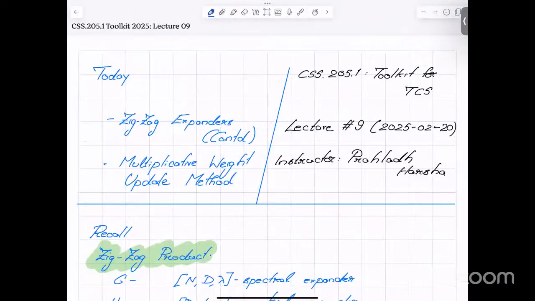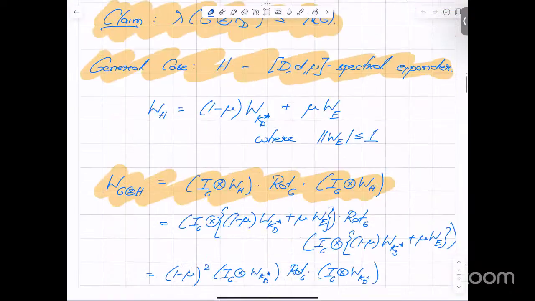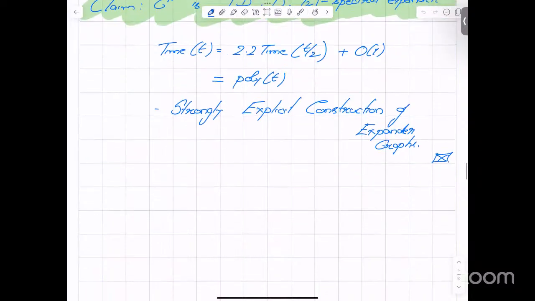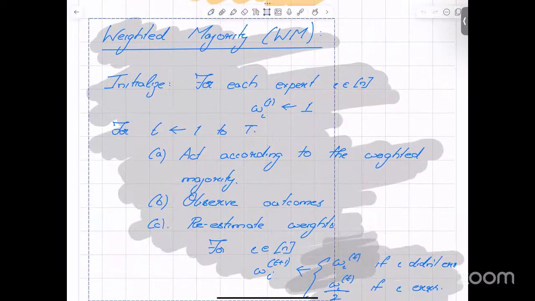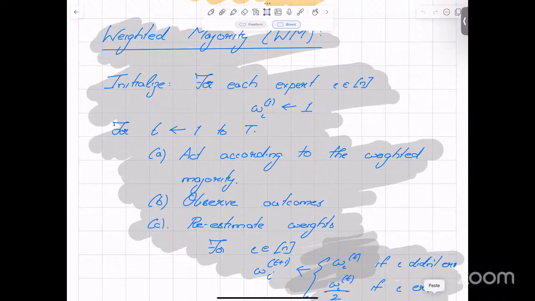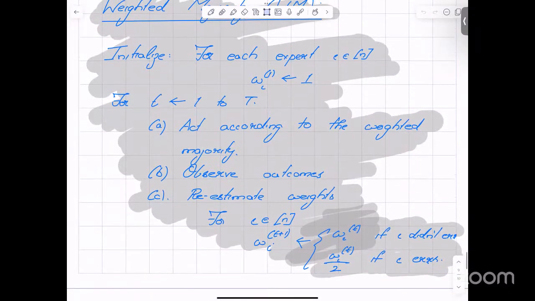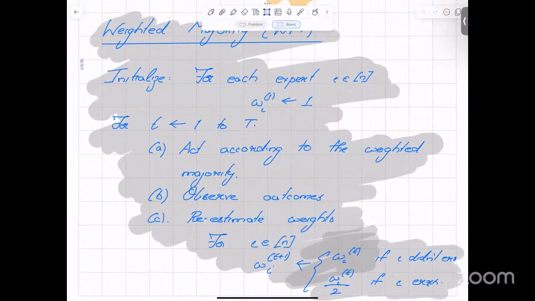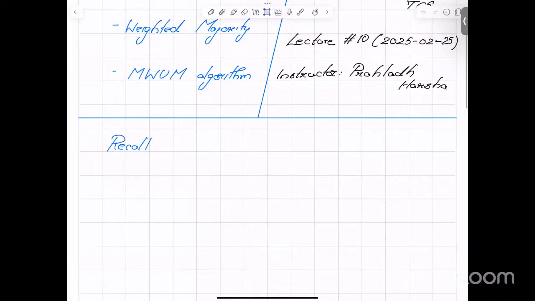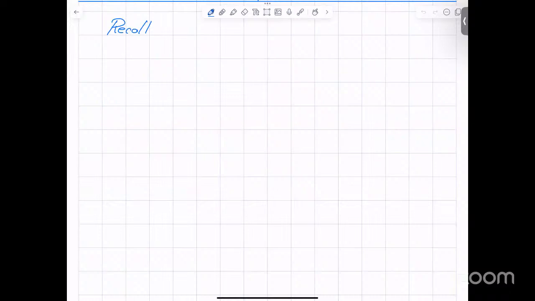We had this weighted majority algorithm, WM for short.